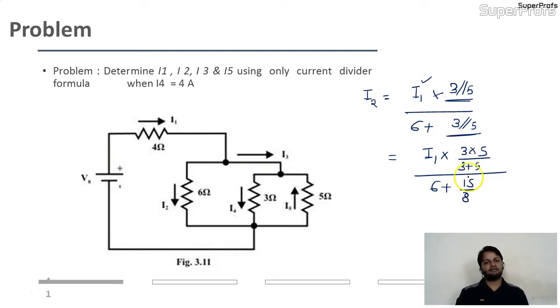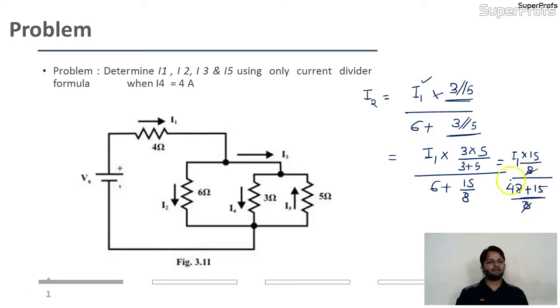Simply, directly I am taking 3 into 5 is 15 and 3 plus 5 is 8. I1 is already calculated. Here 3 into 5, 15 divided by 8. Here you are taking LCM, so it's 48 plus 15 divided by 8.